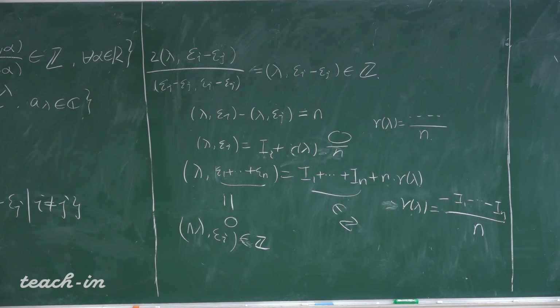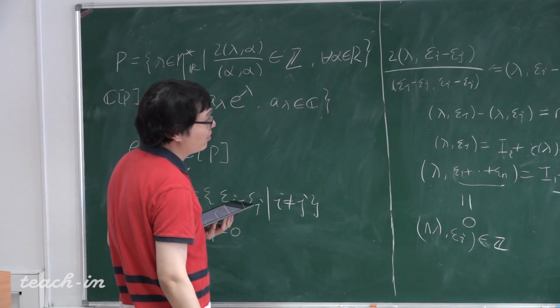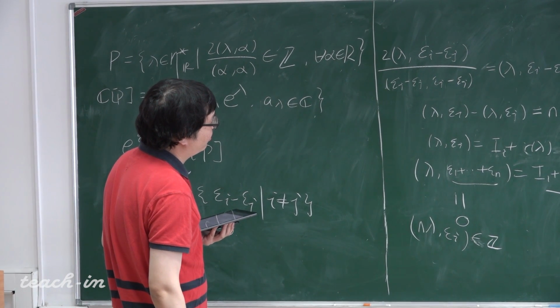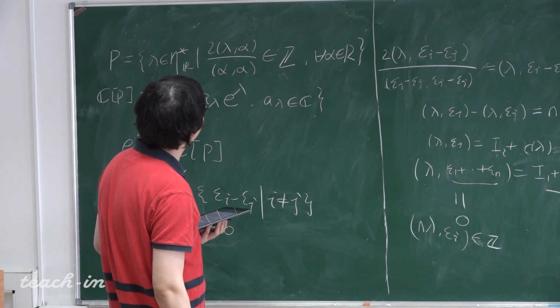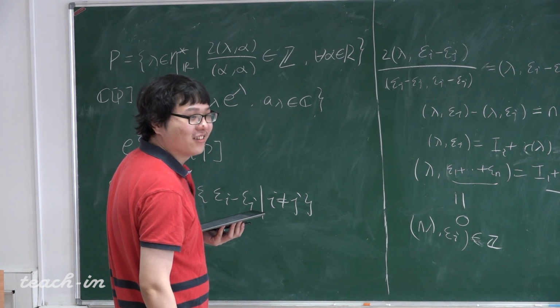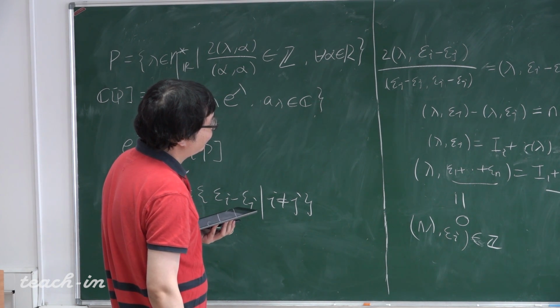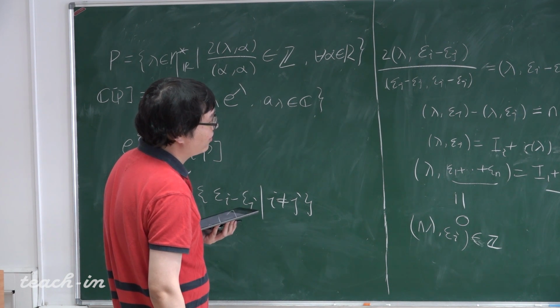You can shift it to whatever you like, any complex number. That's why it bothers me that you got that r lambda is actually a rational number with some concrete denominator, but with a restriction, this is actually an integer. Yes, I see. But I don't see a mistake right away.